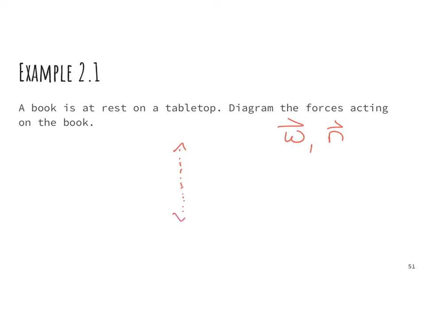I'm going to just draw it as a dotted line, so that it's not as dark and heavy. And I'm going to draw my object in black as a dot at the center of the origin. Those are my only two forces. My weight force goes straight down. My normal force goes straight up.